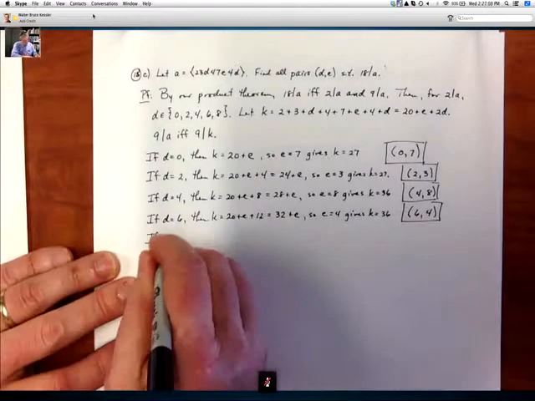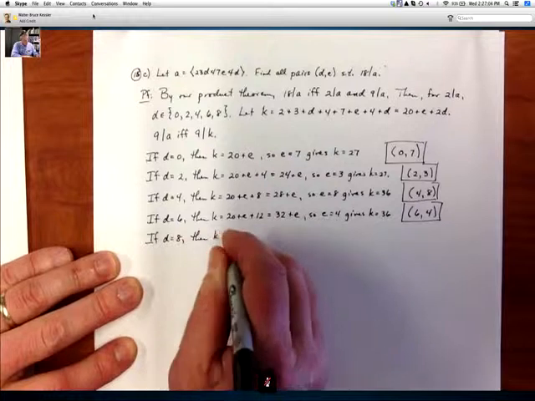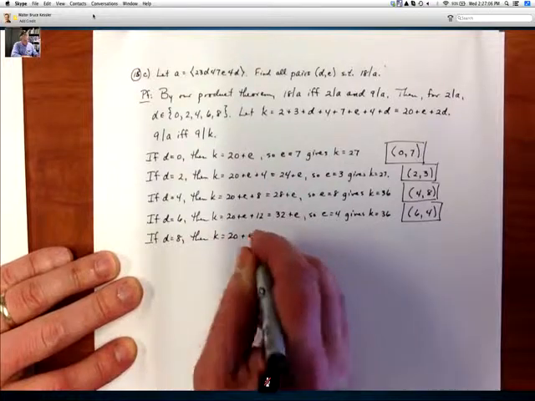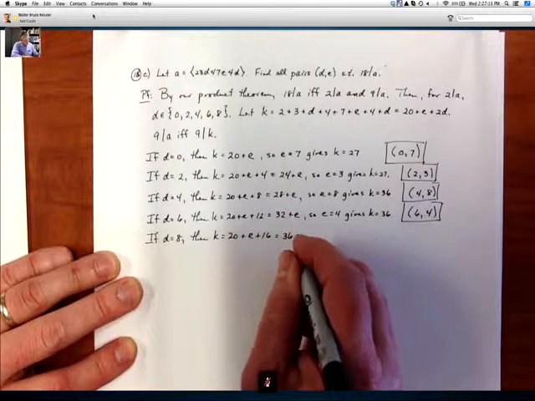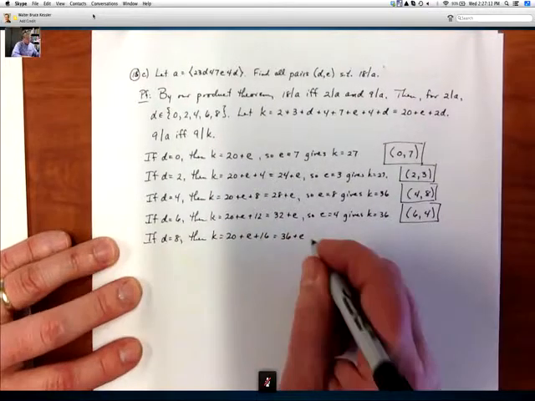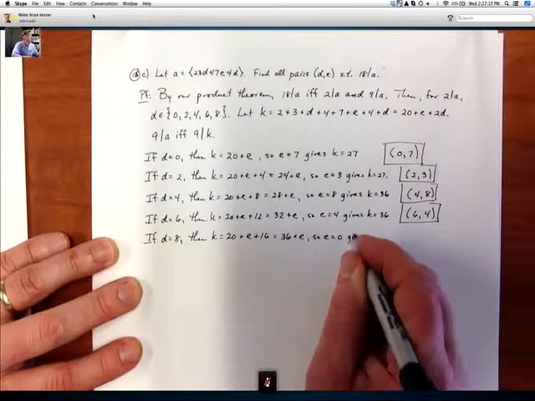Okay? And then lastly, if D is 8, then K is 20 plus E plus 16, which is 36 plus E. So E can be 0 on this one.